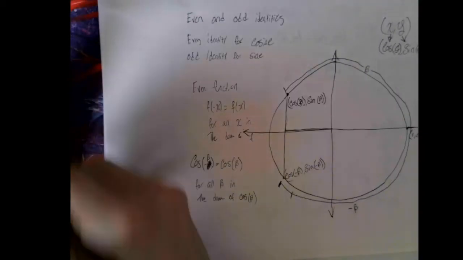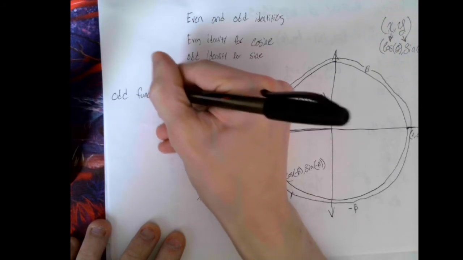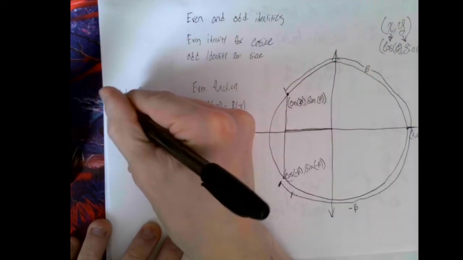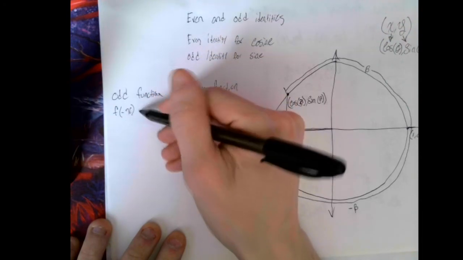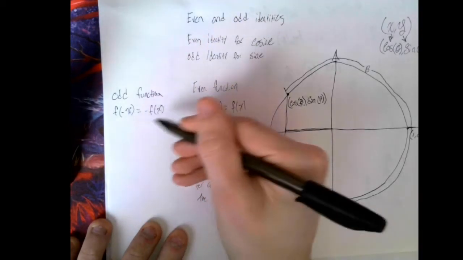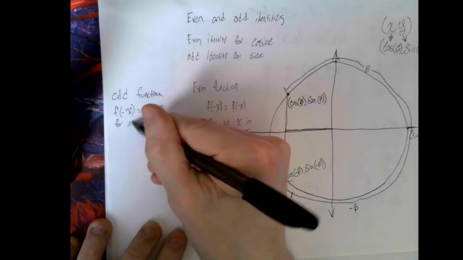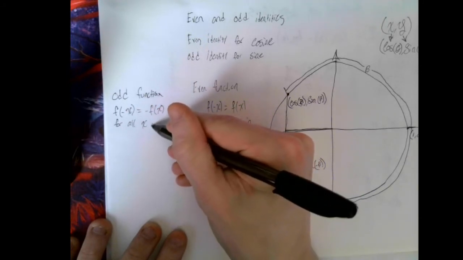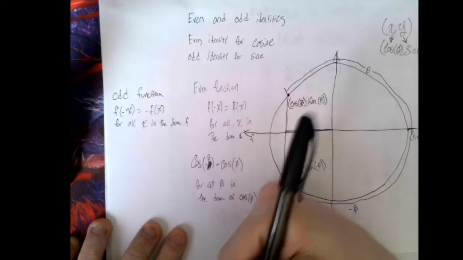Now our definition for an odd function is f of negative x is equal to negative f of x. So if the input is negative, the output's going to be negative. And again, that's for all x in the domain of f.